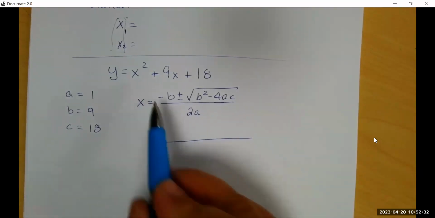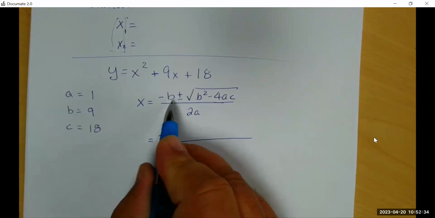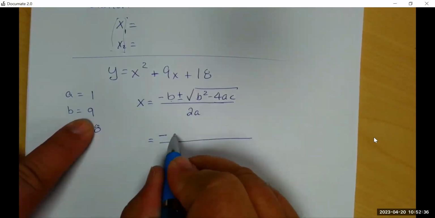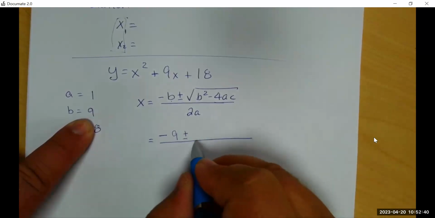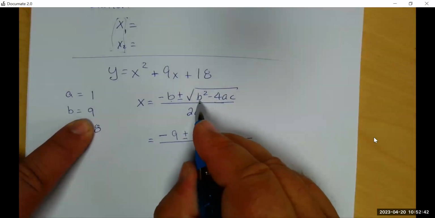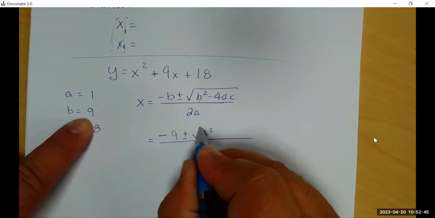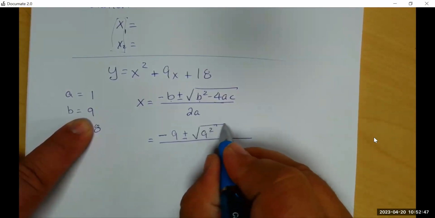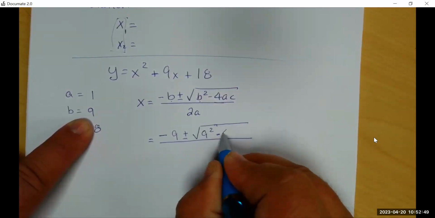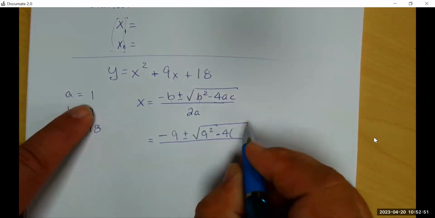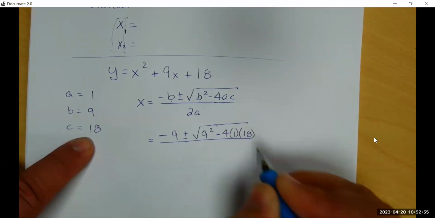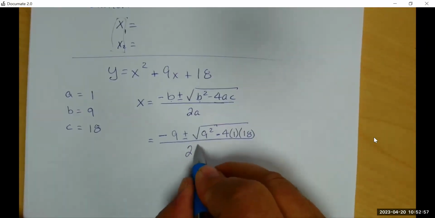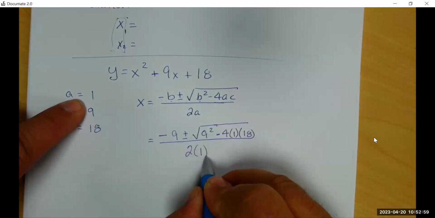The first thing, we have the negative sign. What's b? b is 9. Plus or minus the square root of b, which is 9 squared, minus 4 times a, which is 1, and c is 18, over 2 times a, which is 1.